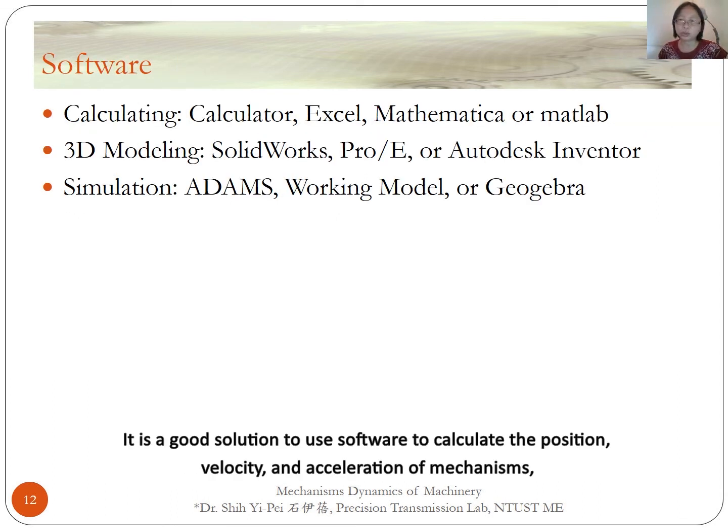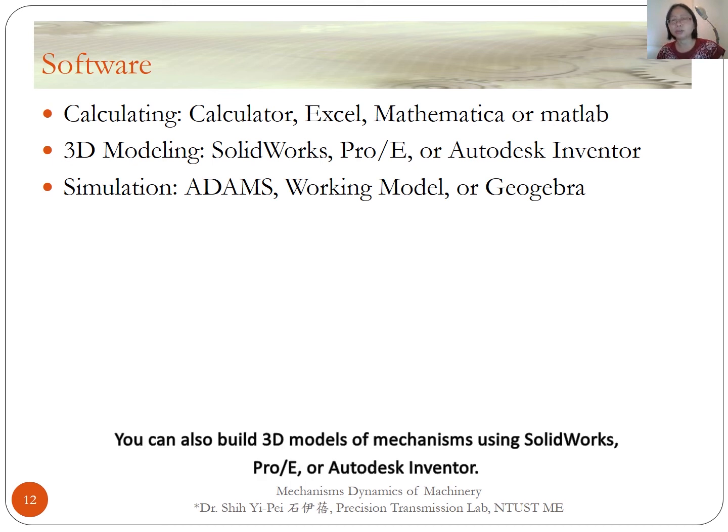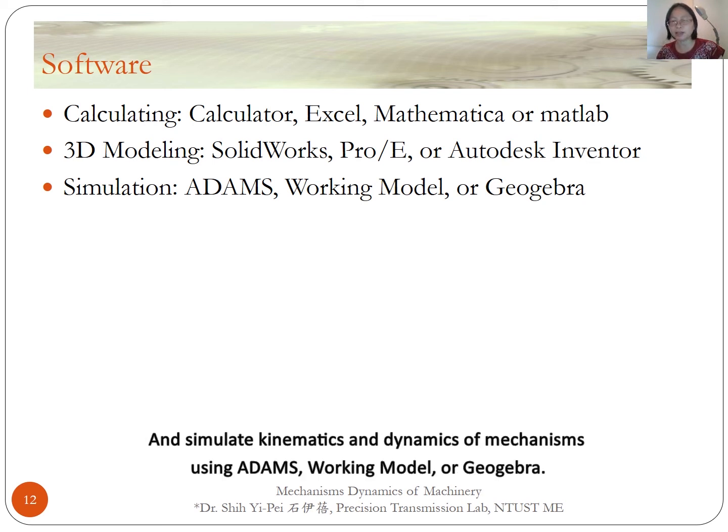It is a good solution to use software to calculate the position, velocity, and acceleration of mechanisms. For example, calculators, Excel, Mathematica or MATLAB. You can also build 3D models of mechanisms using SolidWorks, Pro/E or Autodesk Inventor, and simulate kinematics and dynamics of mechanisms using Working Model or Adams.